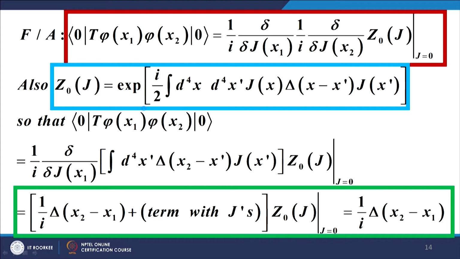That is the relationship between the time ordered products of field operators, or rather the 2-point function in this case, and the propagator.